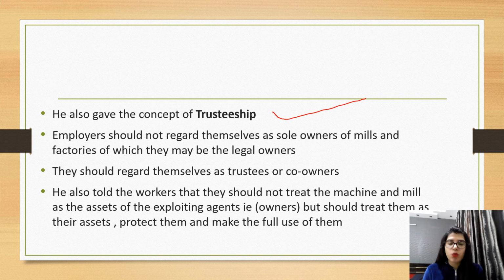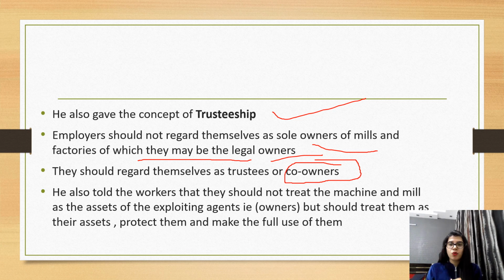Employers should not regard themselves as the sole owners of the mills and factories which they own or of which they are legal owners, but they should regard themselves as co-owners. तो जो कैपिटलिस्ट या एम्प्लॉयर्स हैं, उन्हें ये नहीं सोचना चाहिए कि वो ओनर्स हैं, उन्हें अपने आप को को-ओनर्स समझना चाहिए.